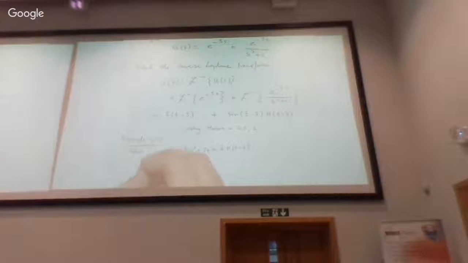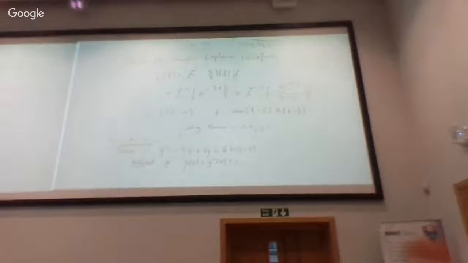And this is subject to these nice zero initial conditions: the initial value of both y and its derivative is 0. That will simplify the transformed equation somewhat for us.